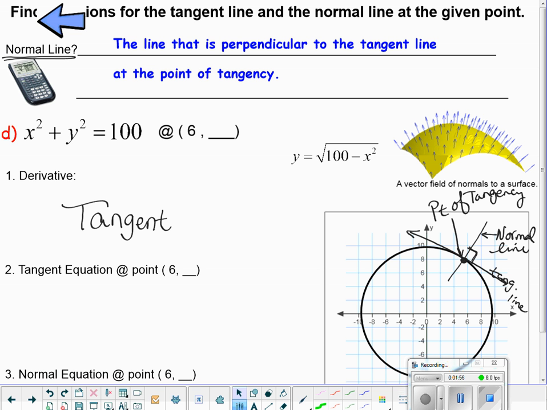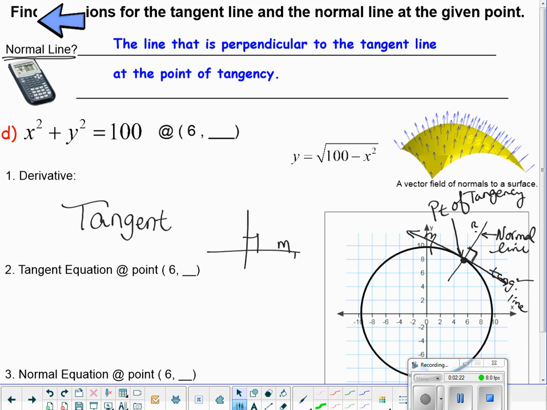All right, so doesn't sound all that much more difficult. But what we will do is we're going to trace back and do the same steps that we usually do. Let's find the equation of the tangent line, or at least the slope of the tangent line. And if I have the slope of the tangent line, then I should be able to find the slope of my normal line, because I know how perpendicular lines intersect.